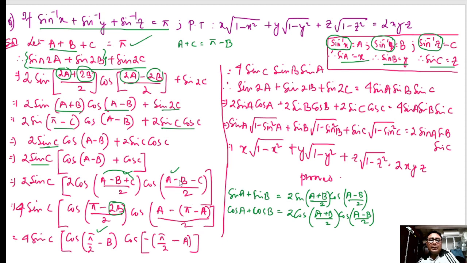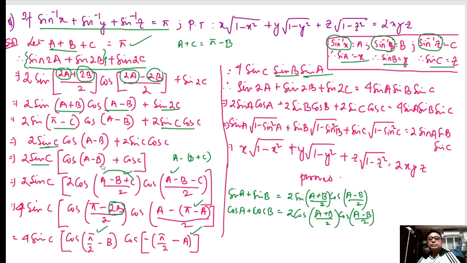And from here, if I take minus common, b plus c is pi minus a, so this becomes minus of pi by 2 minus a by 2. So cos of 90 minus theta is sin theta. So it becomes sin b by 2, and cos of 90 minus a will become sin a by 2.